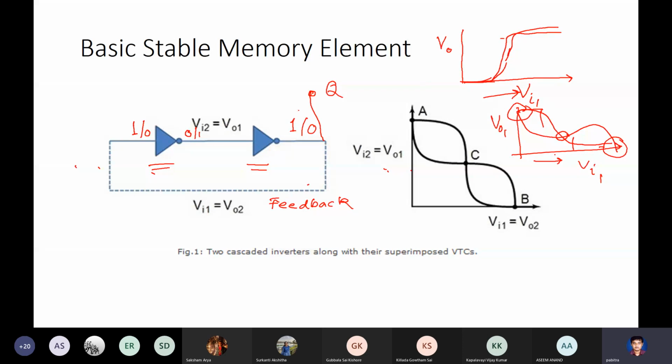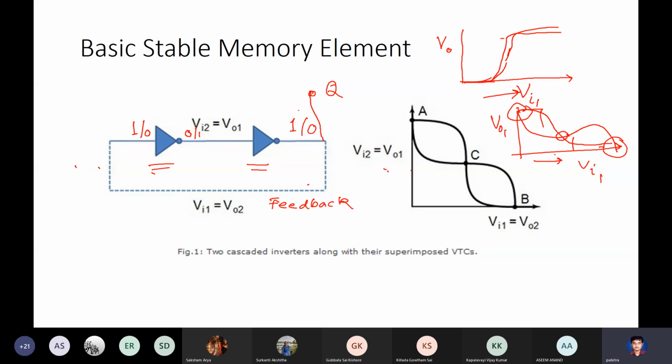It's a bistable circuit. Whenever it is out of one of the stable states, it will try to go back to one of the stable states. Also, an important thing to note is that if you somehow give the input as one of the stable states, the Q value will continue to stay in that stable state.